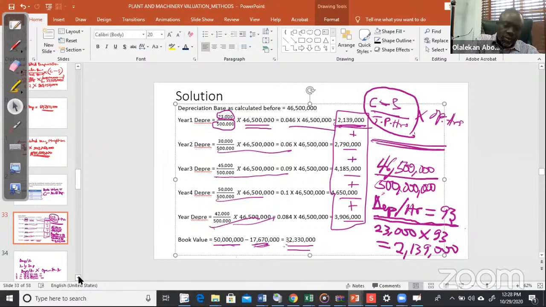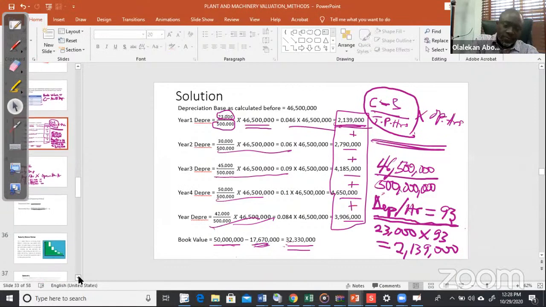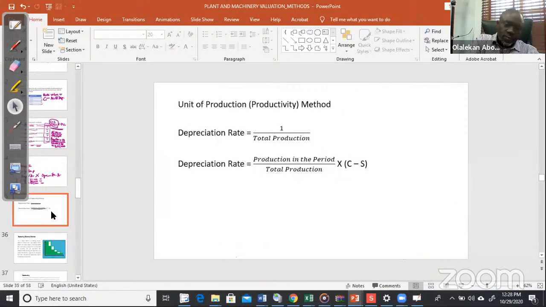Sir, is it possible to sum up the operating hours for all the years and then apply directly to the depreciation per hour?